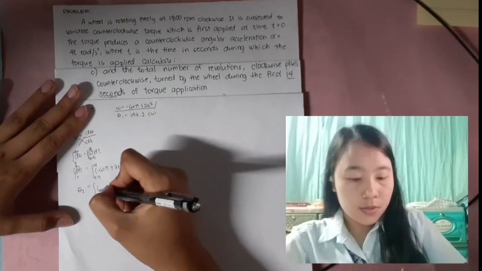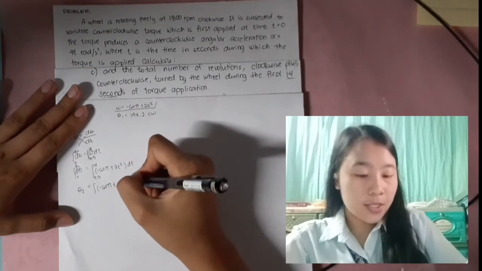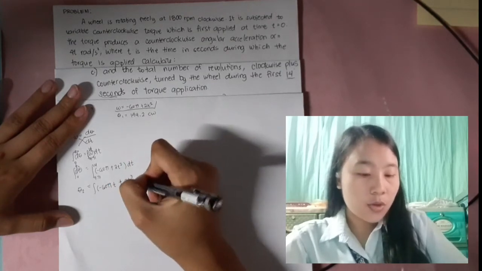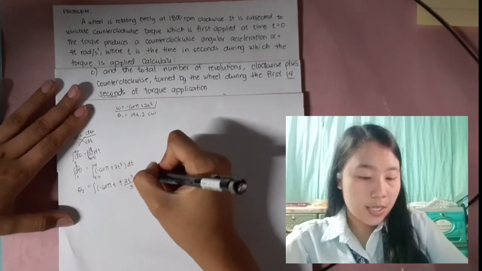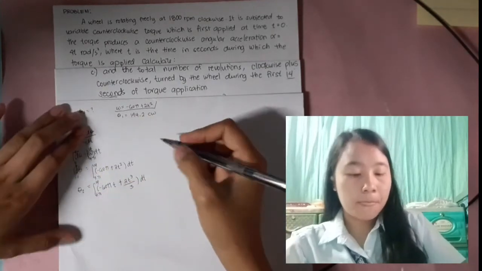Now negative 60 pi t plus 20t cubed over 3, from 9.71 to 14.